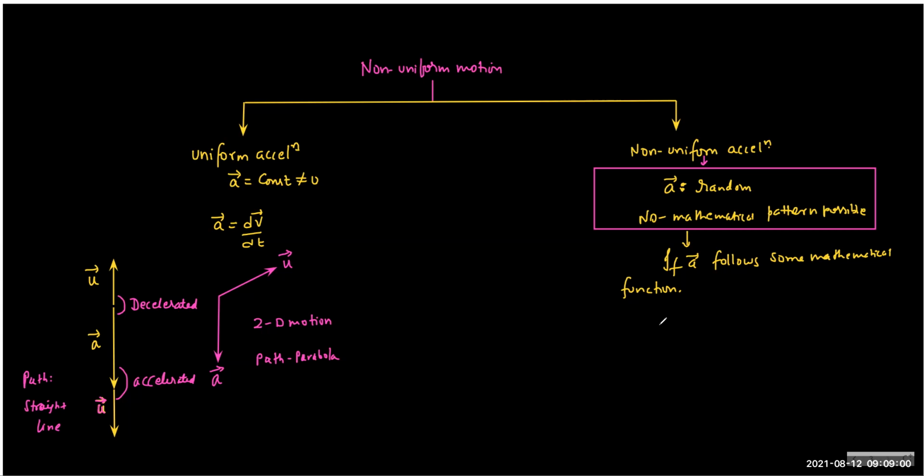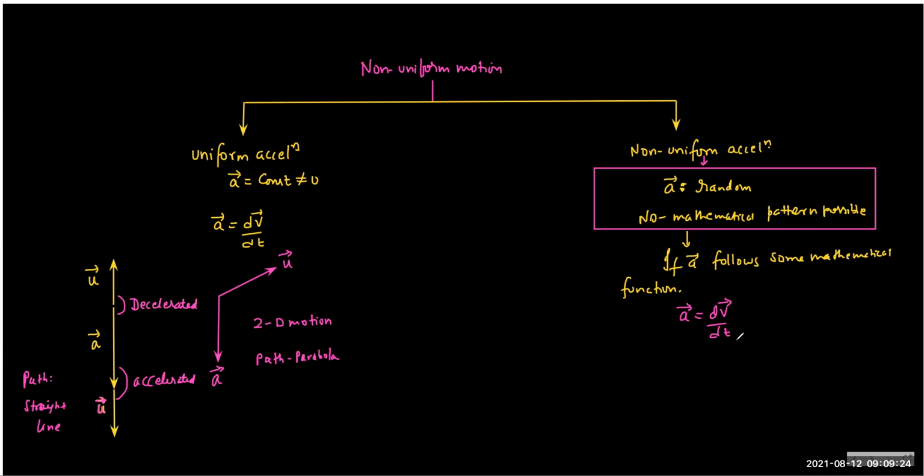So what are the three types? You will always start with the definition. This is the fundamental thing, because this is always true no matter what. So whether some condition is given to you or not, you can always begin by writing a equals dv by dt. This cannot be incorrect.